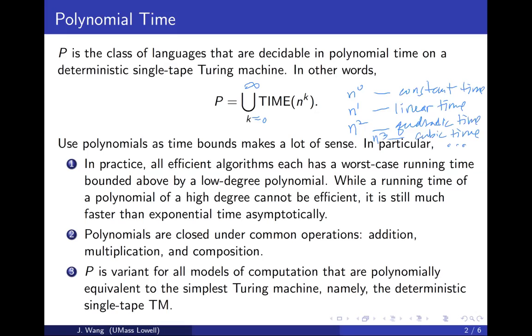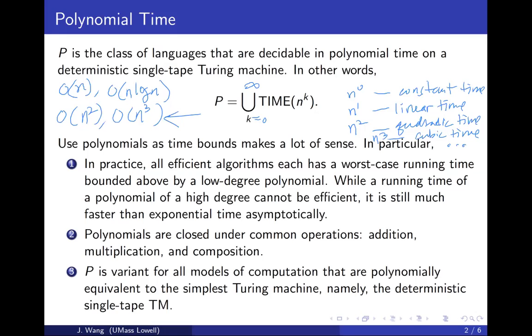It is considered tractable because in practice we often have polynomial time computable problems with time complexity in a lower degree of polynomial, for instance, linear time or quasi-linear time, n log n, which is very close to linear, quadratic, cubic, and most of the polynomial time algorithms would run in time less than or equal to cubic time.